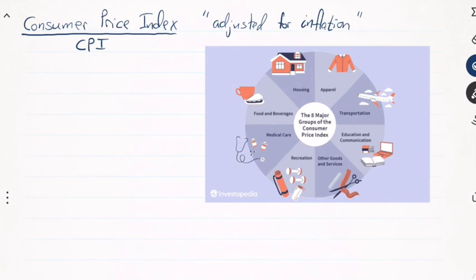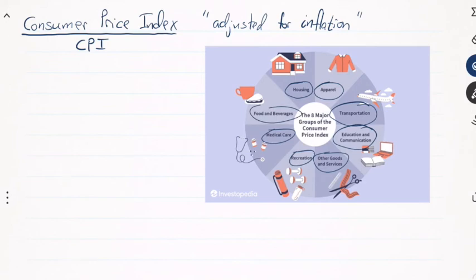So what is measured in this CPI index is a few things, and then they average them together. So the big pieces are, how much does housing cost, how much does clothing cost, how much does transportation cost, education, communication, other goods and services, recreation, medical care, and food and beverage.